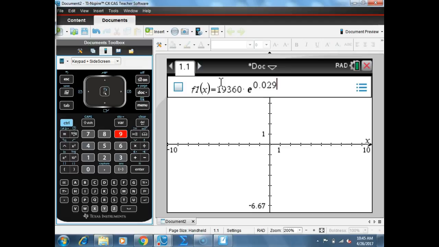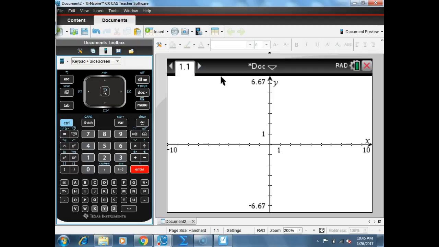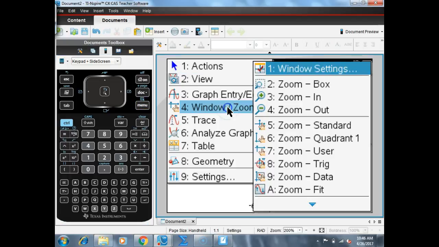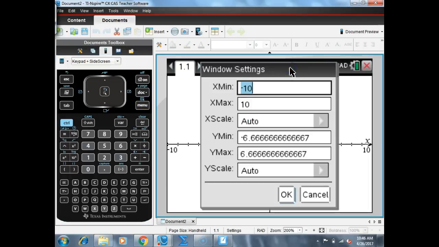But instead of putting t on the graphing calculator, I have to put x. Let's adjust the window settings. What do we want to adjust the window settings to?